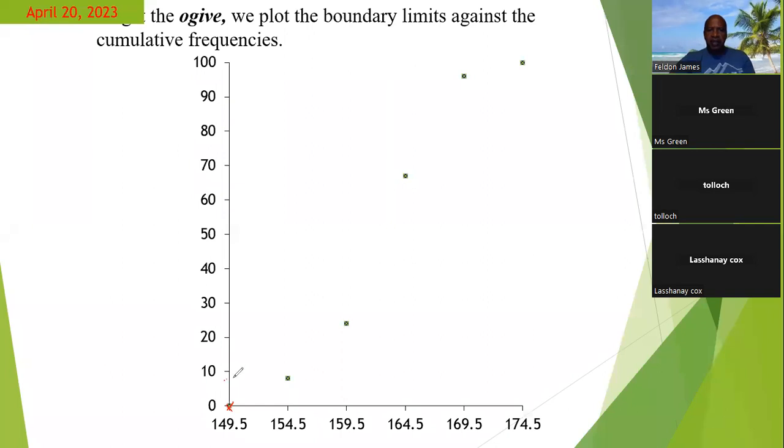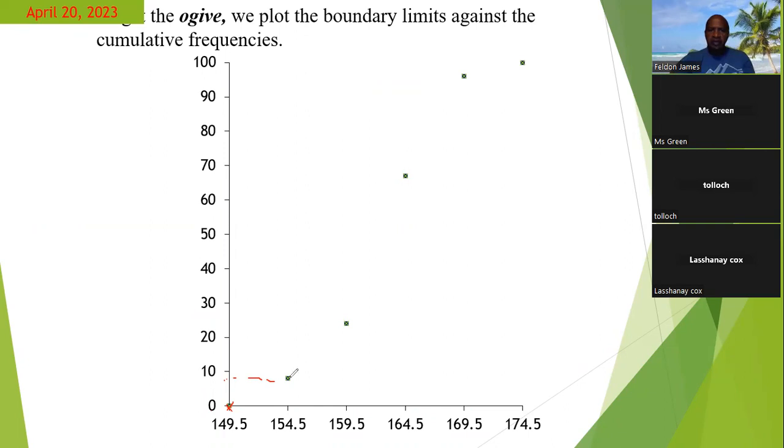So we would plot that 8 on the y-axis with the 154.5 on your x-axis.